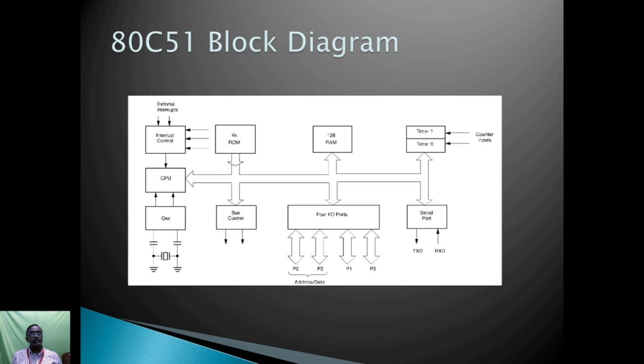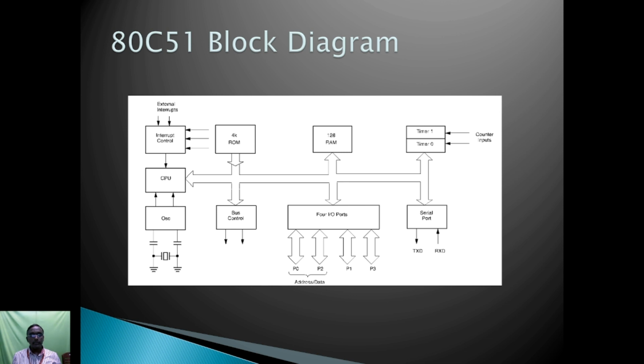Here, the main difference between microprocessor and microcontroller is that the microcontroller has some extra features. One is timer 0 and timer 1. Next one is the serial port. The serial port is also built in within the microcontroller. In the microprocessor it is an external interface, but in the microcontroller it is an internal interface.